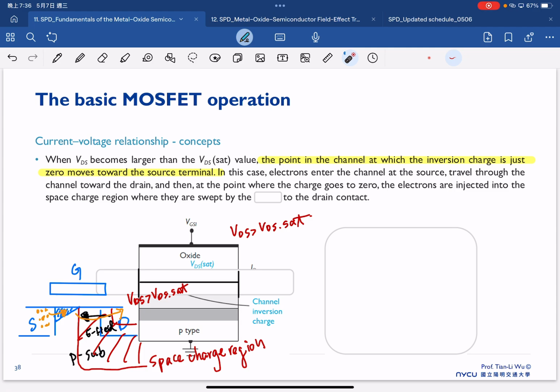So in the case electrons enter the channel at the source and travel through the channel toward the drain, then at the point where the charges go to zero, the electrons are injected into the space charge region, which is this one.